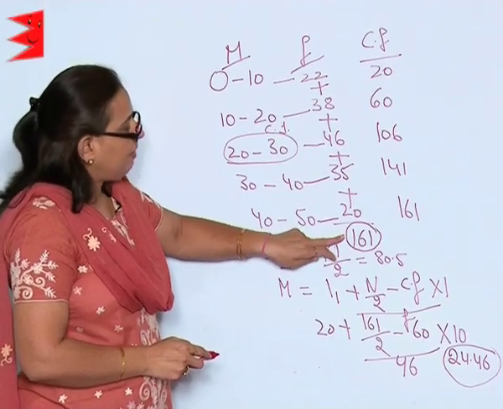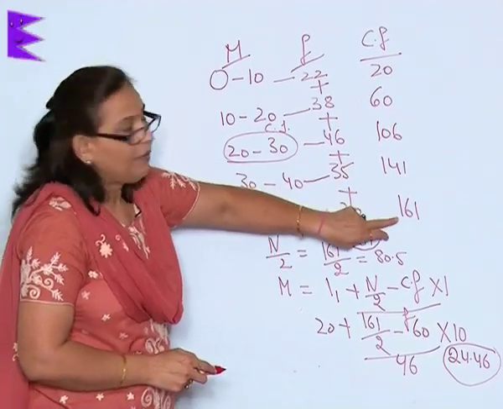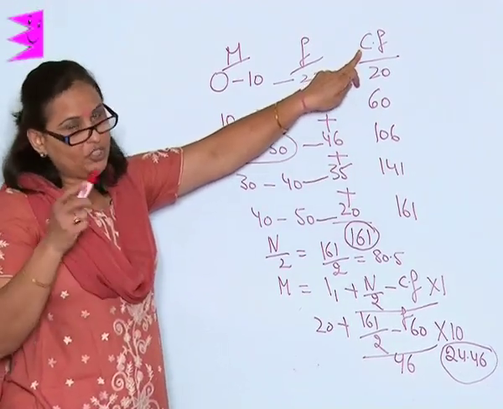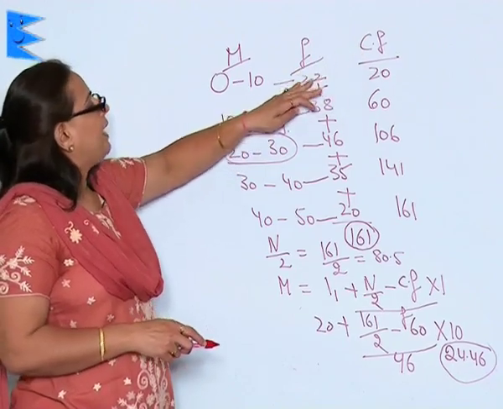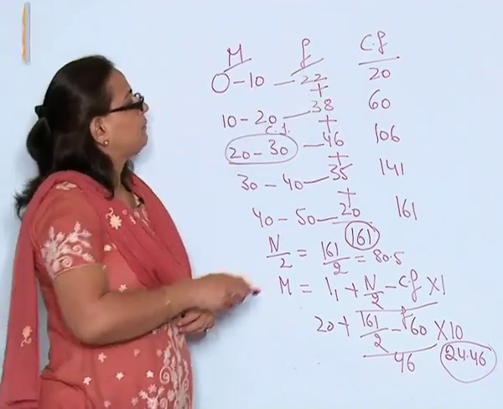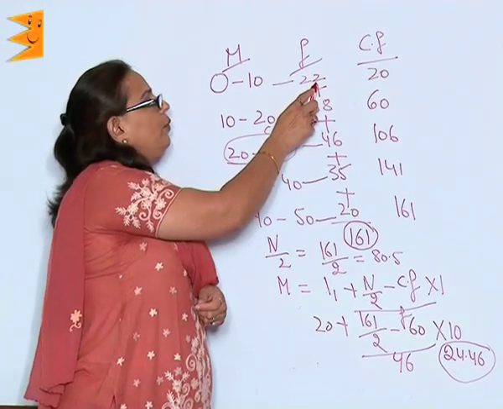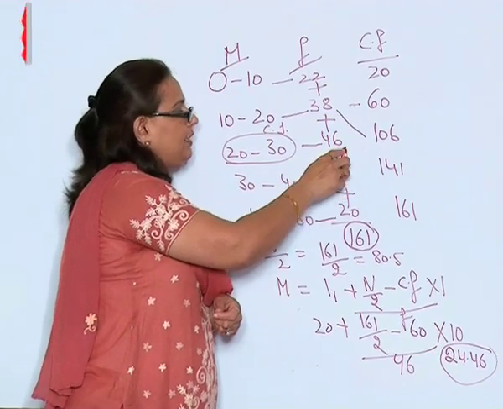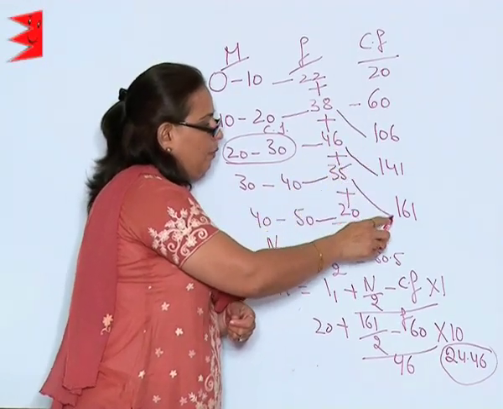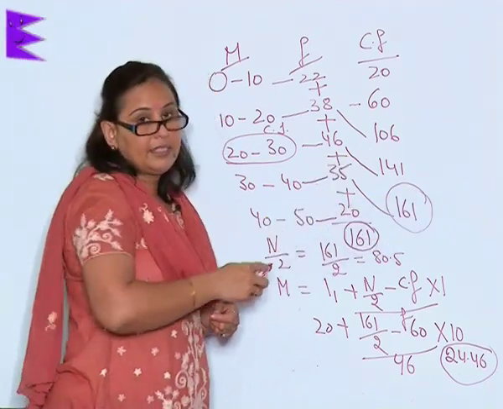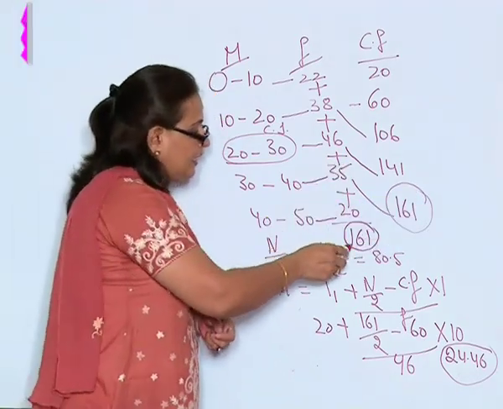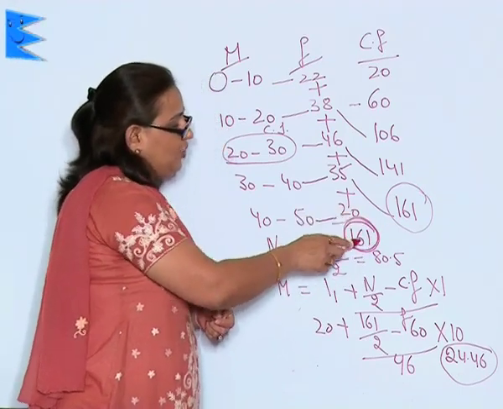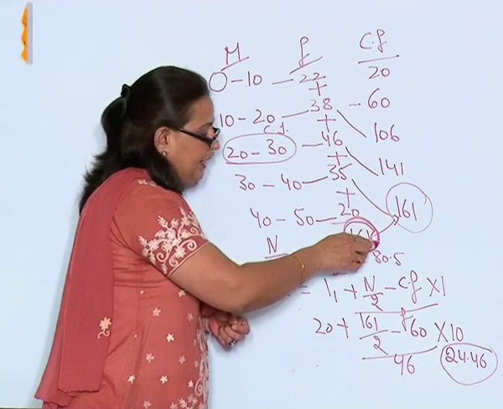Remember, sigma f should be the last value of the cumulative frequency, and the cumulative frequency is calculated in the same manner by adding the frequencies: 22, then 60, then 106, then 141, and then 161 as the last number. The last number shall be equal to sigma f. They shall always be the same, and only then it is correct.